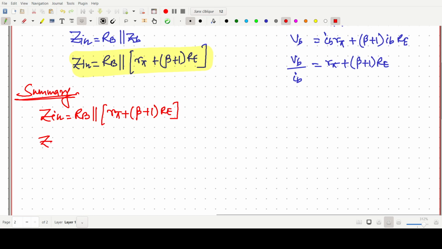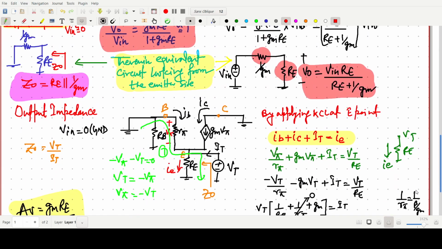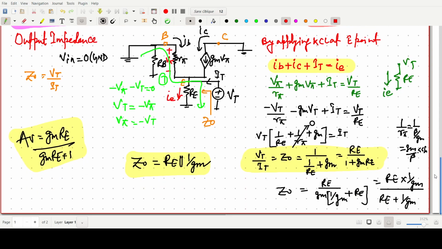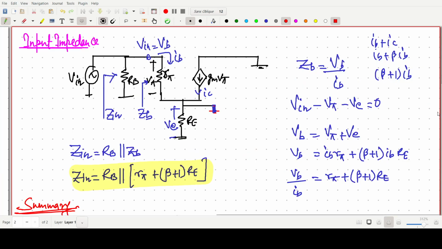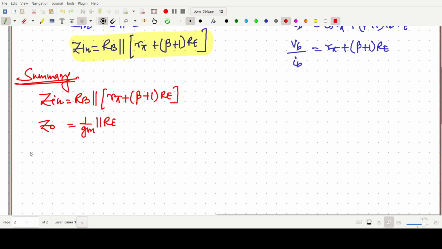Z naught we have already found: 1 by GM parallel with RE. In the very first slide we calculated Z naught, RE parallel with 1 by GM, and one more thing, AV is GM RE by 1 plus GM RE.